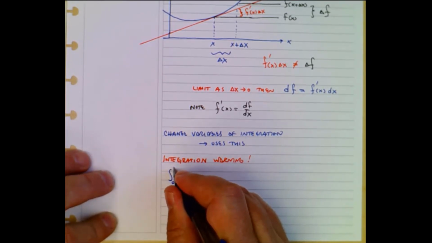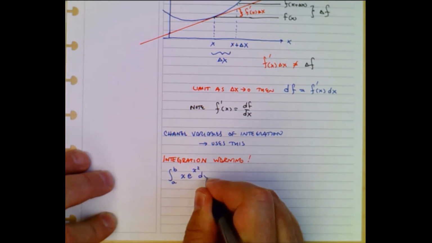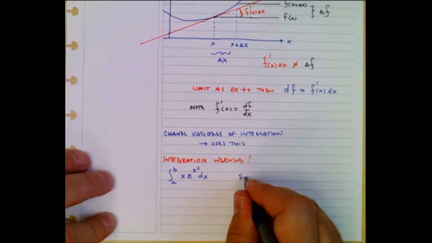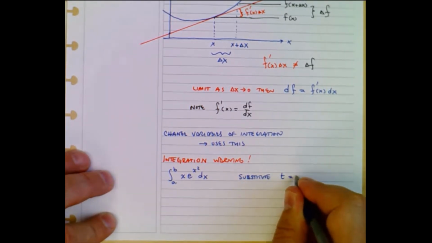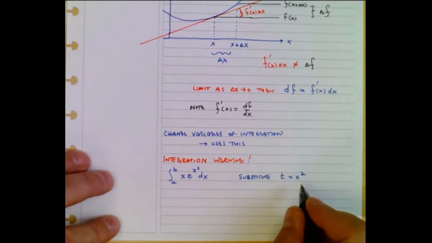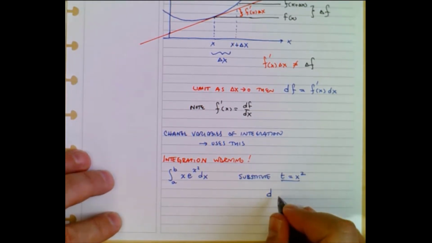Suppose I want to know the integral from a to b of x e to the x squared dx. One of the ways in which we can do this is to do a substitution. So we substitute t equals x squared. And when we do that, we can find out, what's dt then for a given dx? In other words, what's the thing I'm going to have to use to convert this integral into an integral over t?